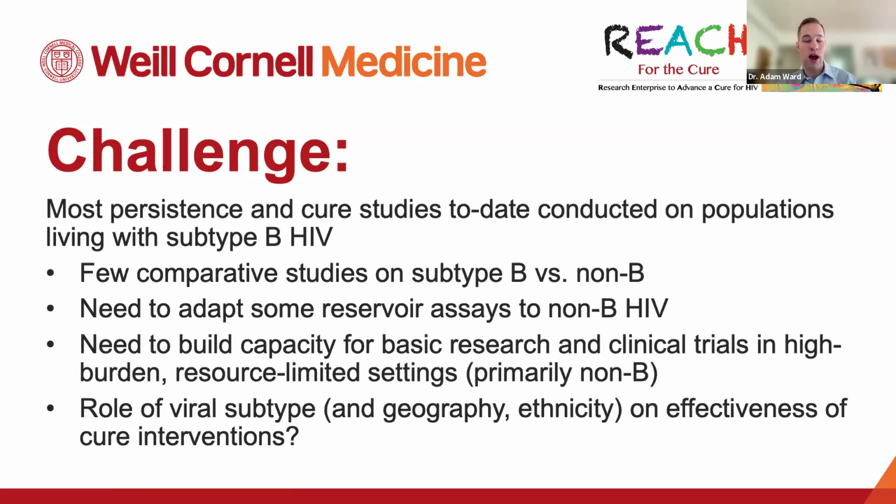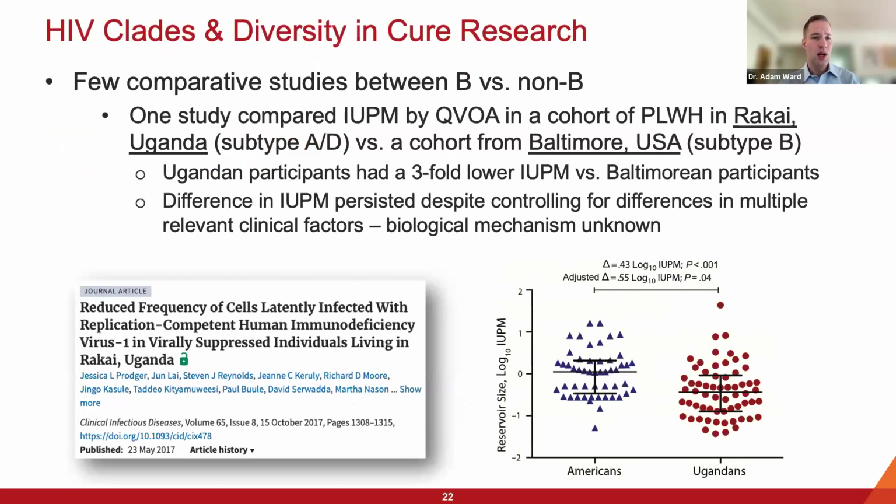HIV cure clinical trials are in very early stages, phase 1 and early phase 2 trials, and may not include large numbers of participants of diverse viral subtypes. I mentioned there are a few comparative studies between B versus non-B. I'm only going to highlight 2 here that did explicitly compare subtype B to a non-subtype B HIV.